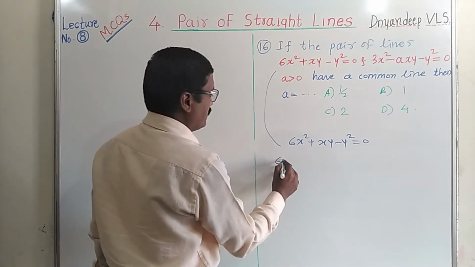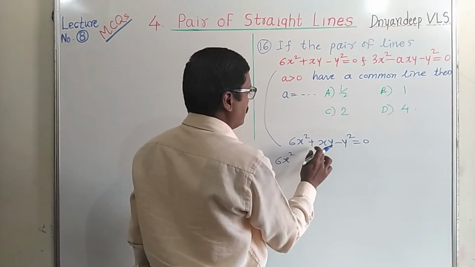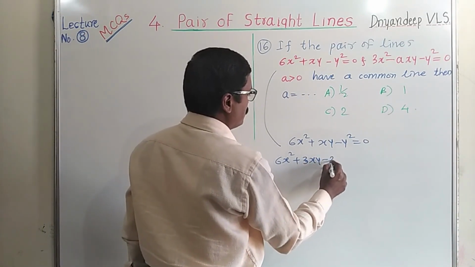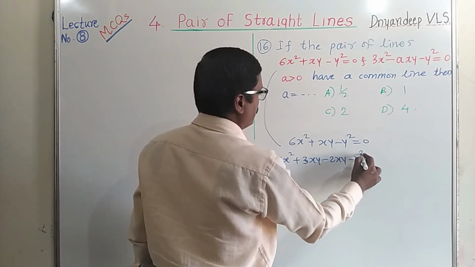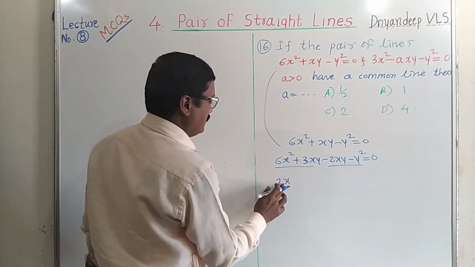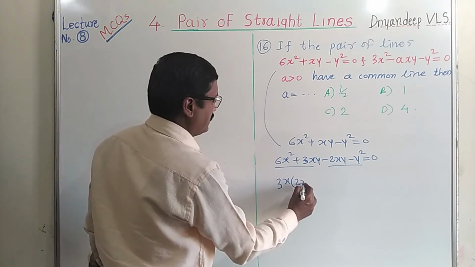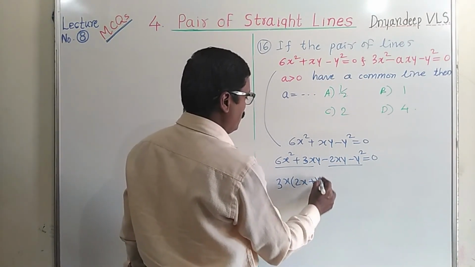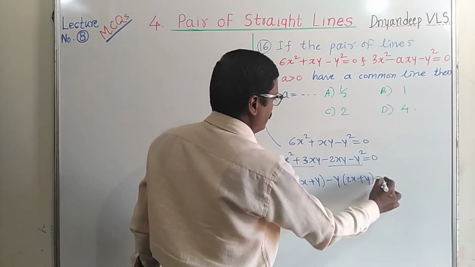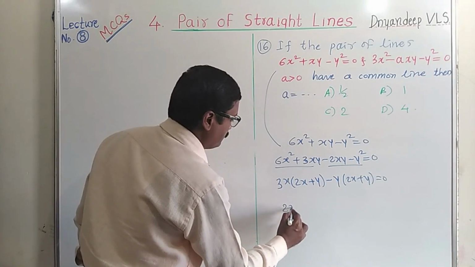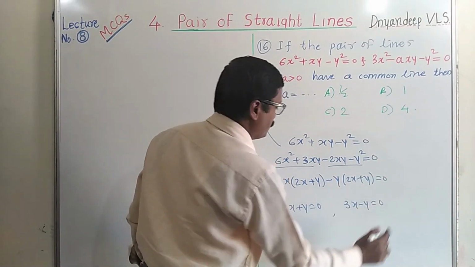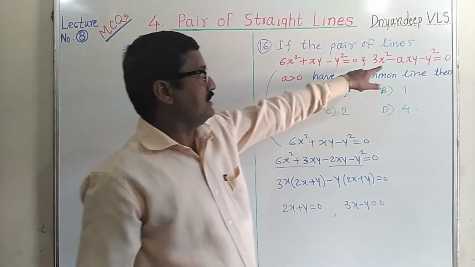The factors will be obviously minus 6 and plus 1, that is plus 3xy minus 2xy minus y square equal to 0. Taking 3x common, in bracket remains 2x plus y, taking minus y common we get 2x plus y equal to 0. So the two lines will be 2x plus y equal to 0 and 3x minus y equal to 0. So one of these two lines is common with the other two.